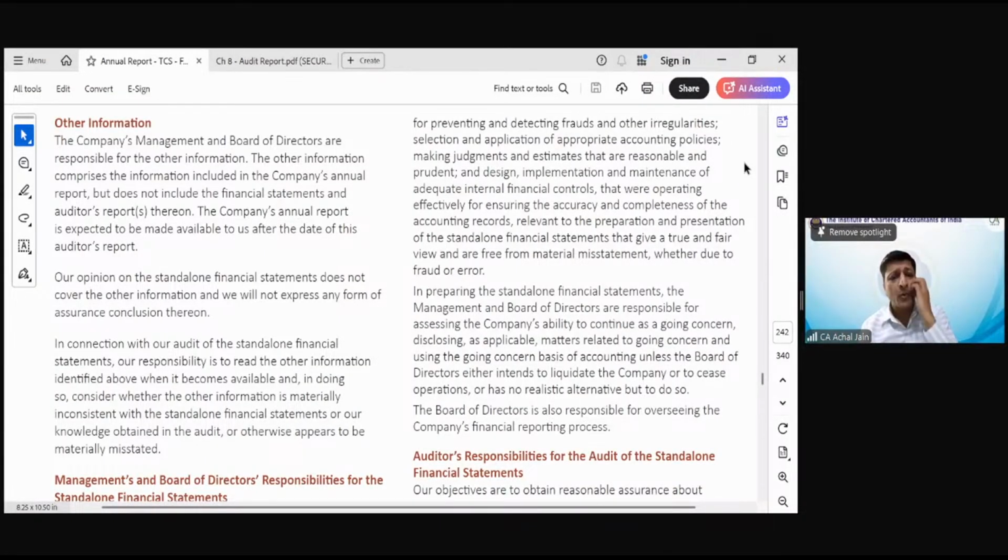You will pull out this report, the annual report. For example, I wanted this audit report to be discussed with you, so I had to download this entire annual report. And in this annual report, there is not only the audit report or the financial statements, various other reports are also available. Now, let's try to understand one of the situations which may arise.